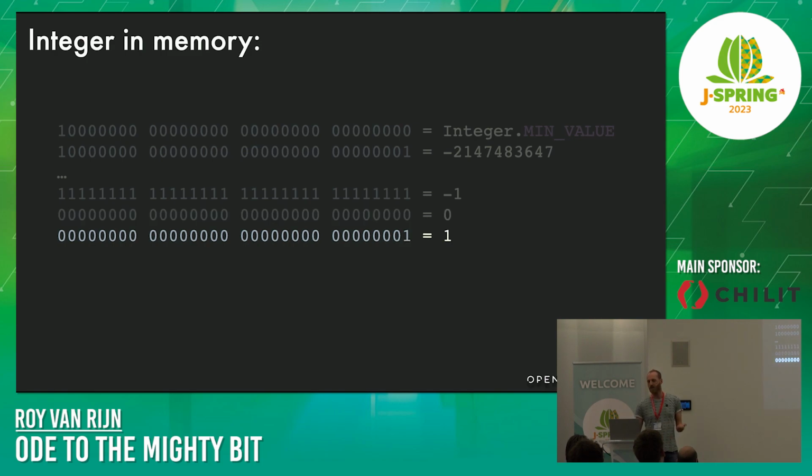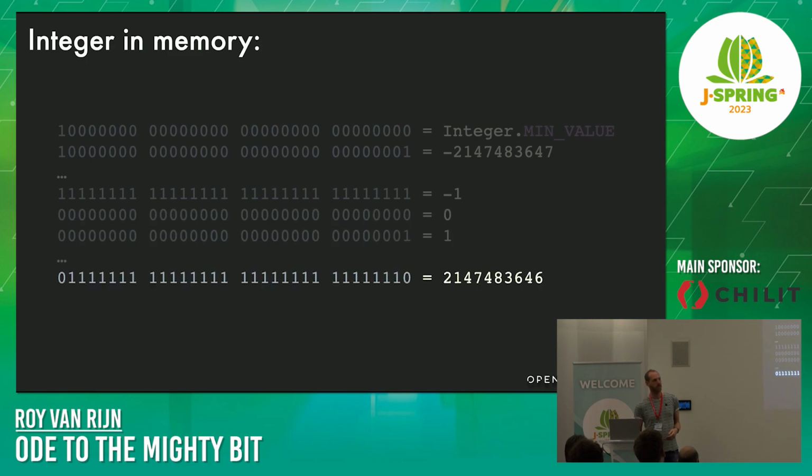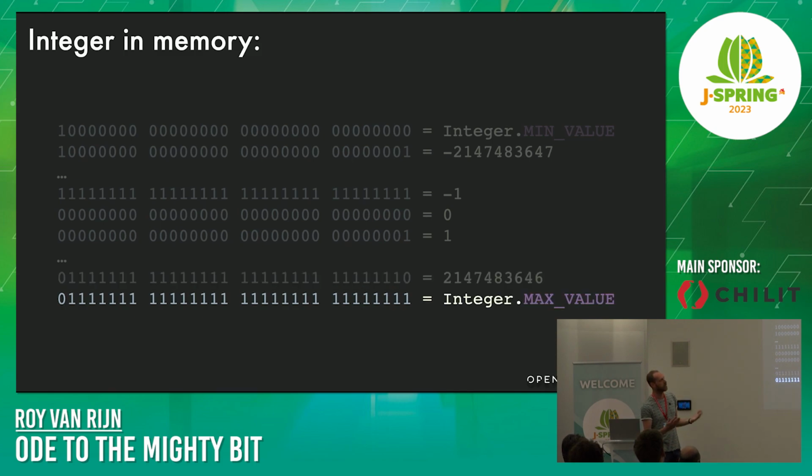And then you continue counting until you're at this number. And then there's 1 more, and that's max value. And if you add 1 more, you might have seen that, this becomes a 1, this becomes all zeros. So if you go from max value + 1, you get min value. But yeah, that's just how it works. That's how overflows work.